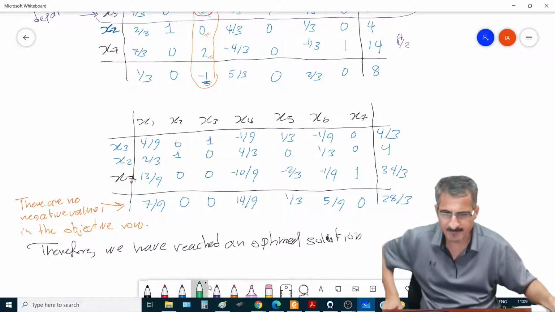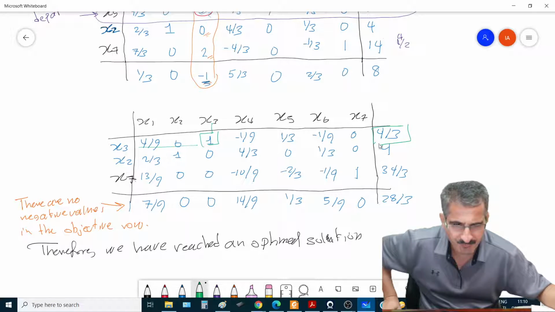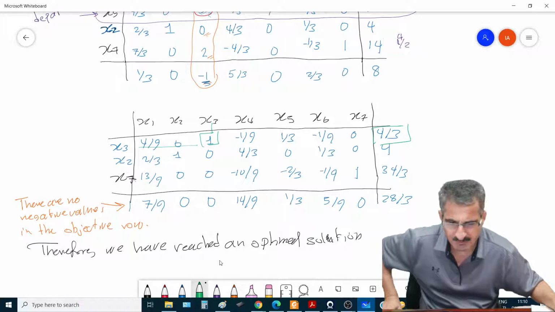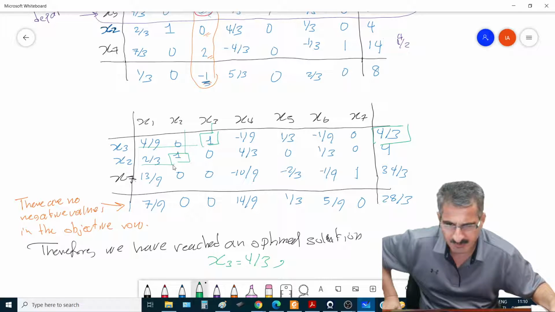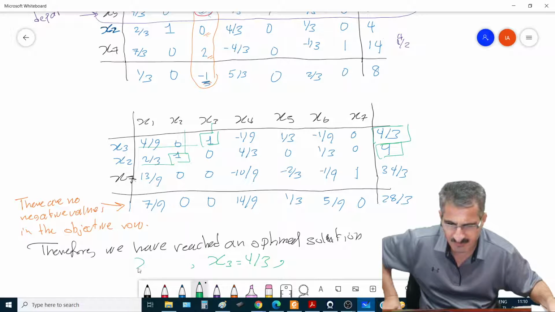Let us see. This is x3 and it equals 4 over 3. So x3 equals 4 over 3. And what else? x2 here and here is 4. So I have x2 equals 4.